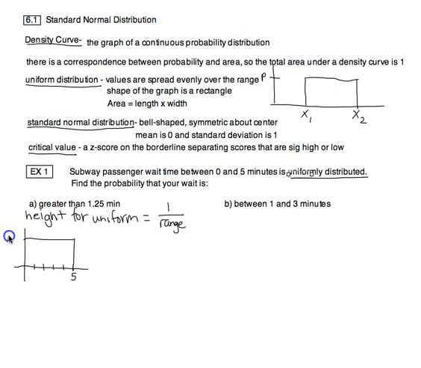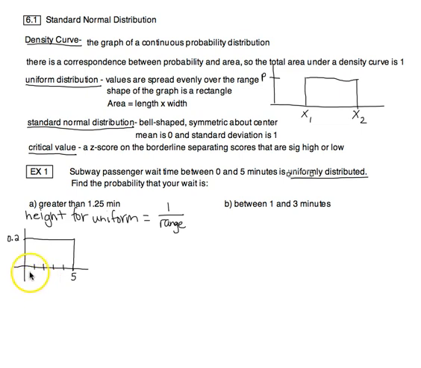So here really is what our picture looks like. The entire probability is what would be inside the rectangle. And again, we have from 0 to 5 as our input values for the wait times. And the height is going to be the probabilities, which each of them is 1 out of 5. So this entire rectangle's area represents a probability total, which is 1.